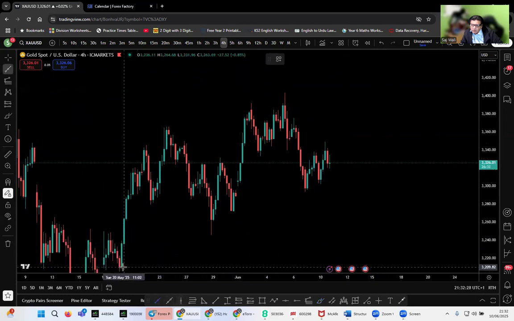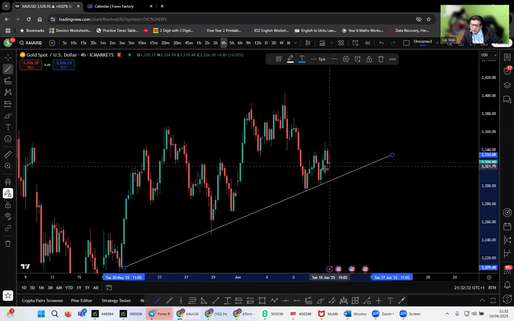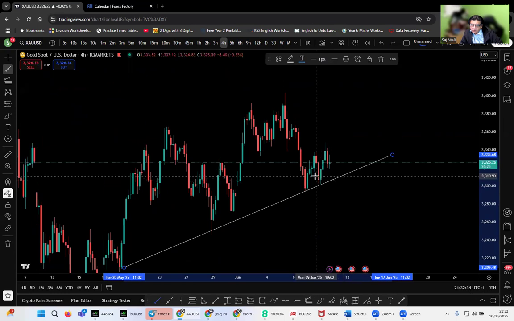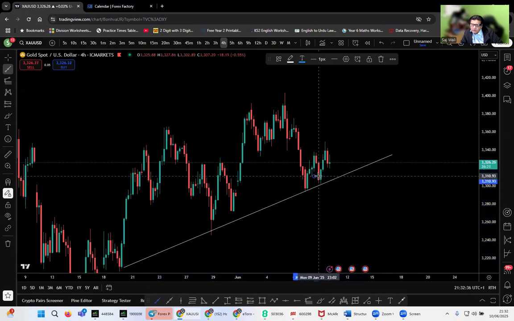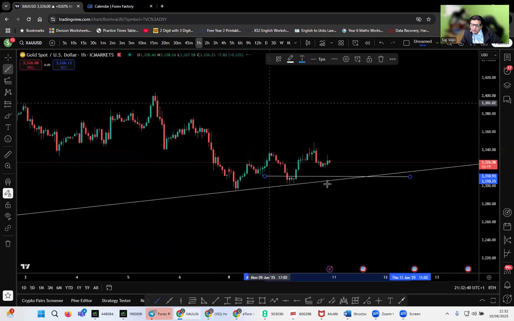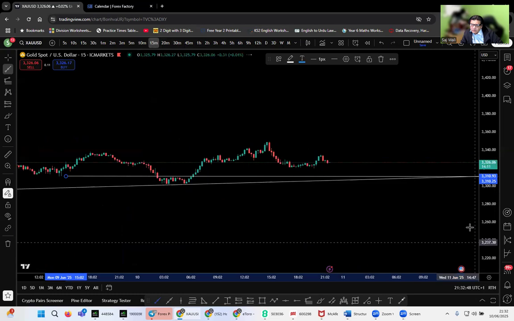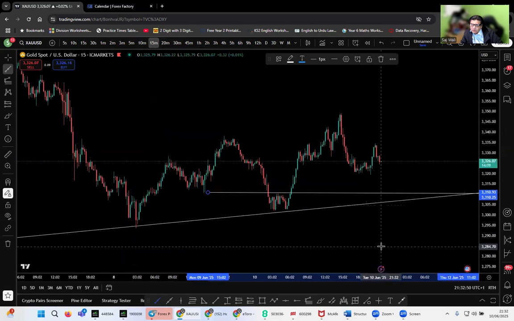Looking at the price, as I said earlier, it's a possibility that in 1 hour, this can be tested here. So always look for confirmations, and I use moving averages as well.